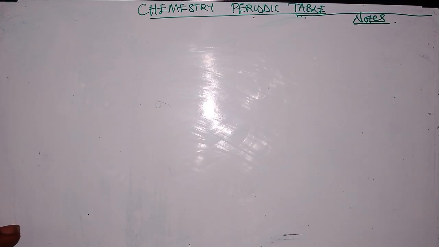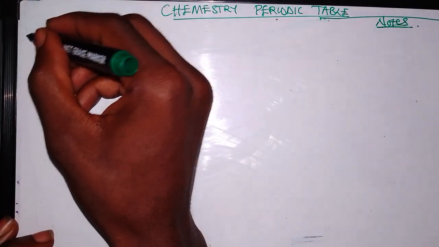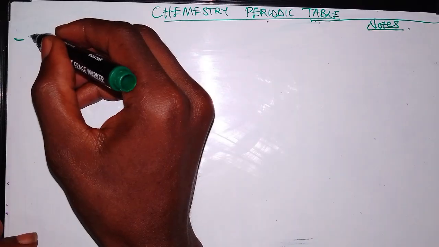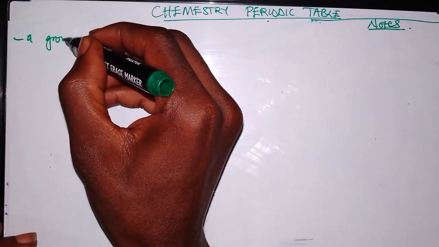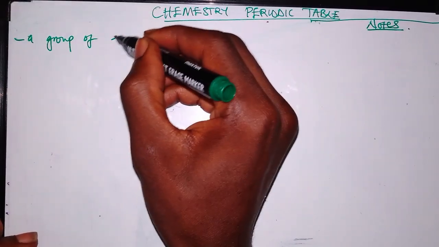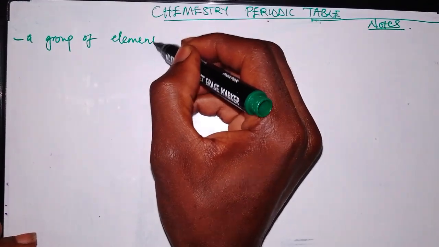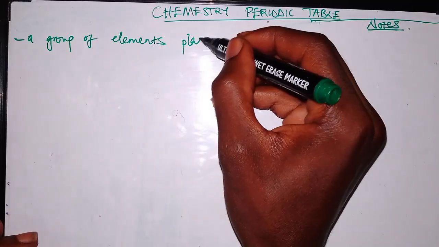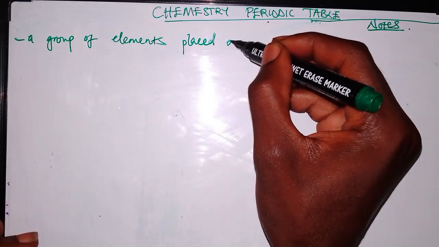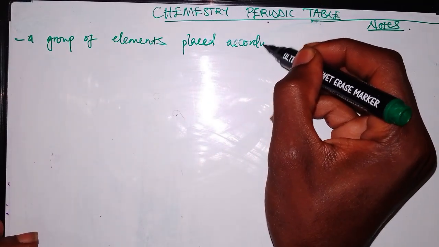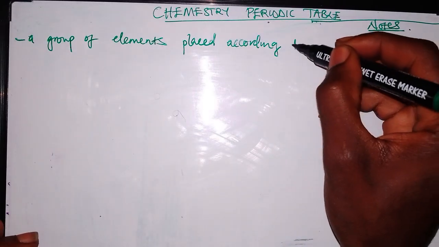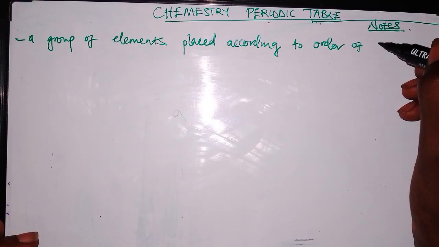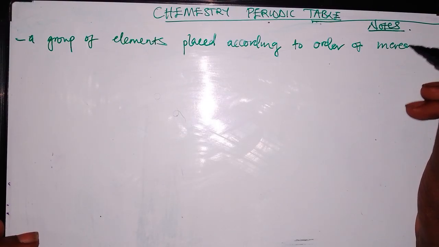So the periodic table is just a group of elements placed according to the order of increasing atomic number.